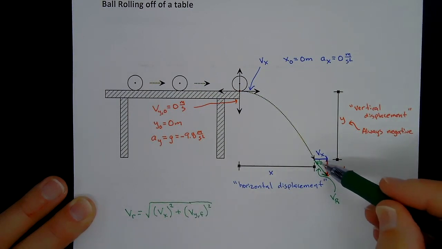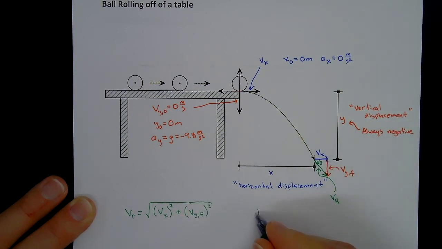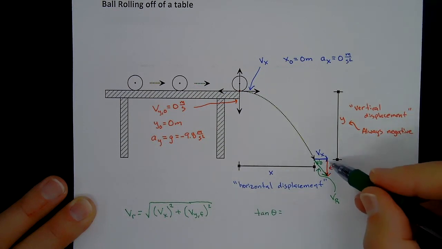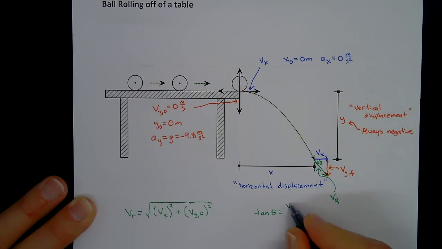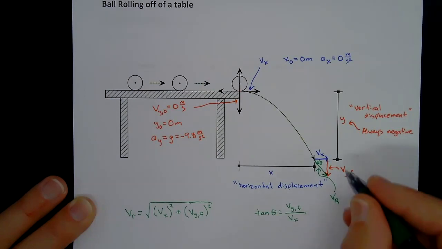Because I know these two, I can get this angle because I know that tangent of angle theta is equal to the opposite, which is the velocity in the y direction final, over the velocity in the x direction, because that's the adjacent leg.